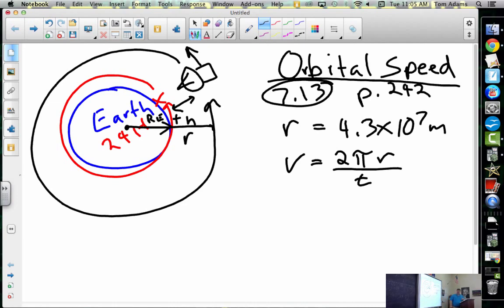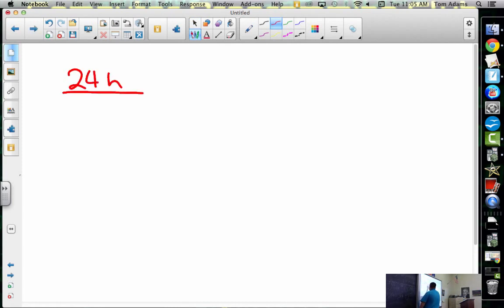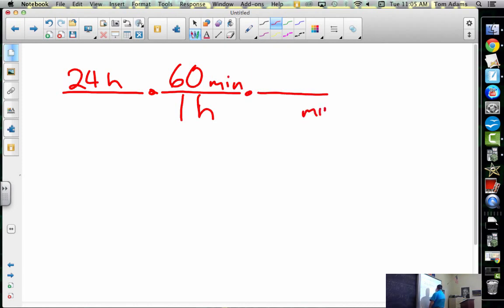So I need to make some changes. We need to figure out how many seconds there are in a day. In one 24-hour period, one hour is how many minutes? 60 minutes. How many seconds are there in 1 minute?